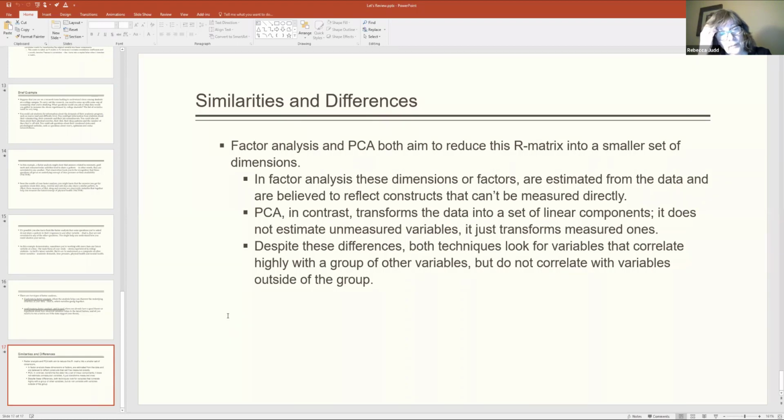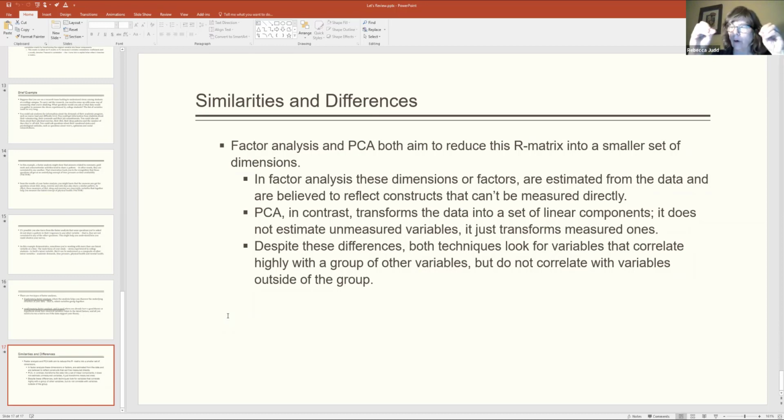In factor analysis, the dimensions or the factors are estimated from the data, and they're believed to reflect the constructs that can't be measured. In PCA, it transforms the data into the linear components, and it just transforms the measured ones. It does not estimate unmeasured variables.